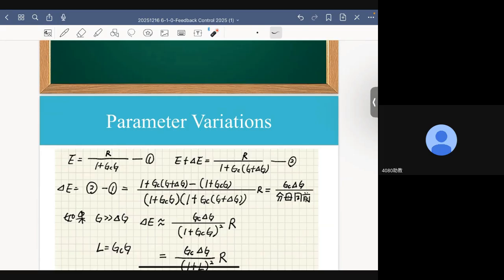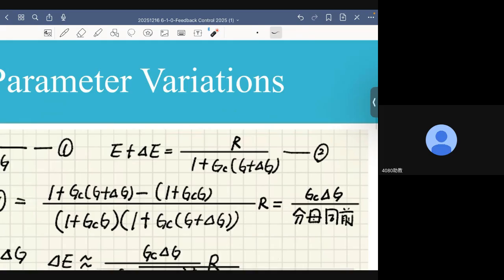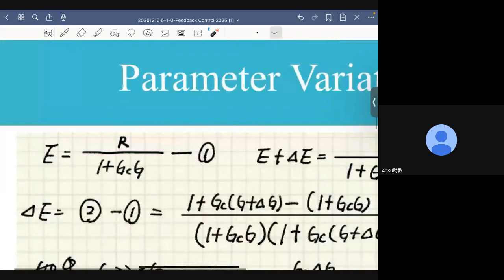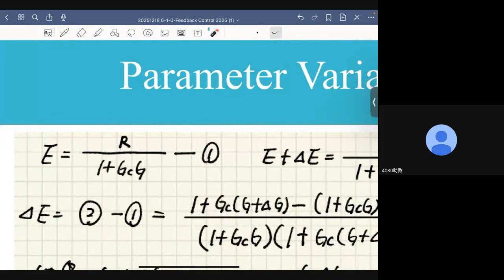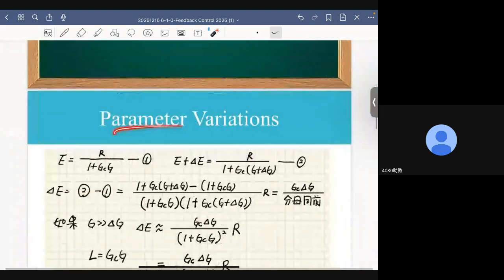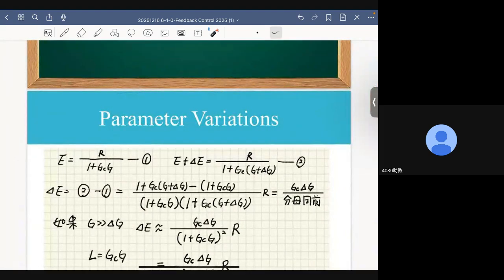Now, assuming that I have parameter variation. What really happened is, G, the transfer function of the process that I need to control, is not G. Due to parameter variation, there is some modeling error.